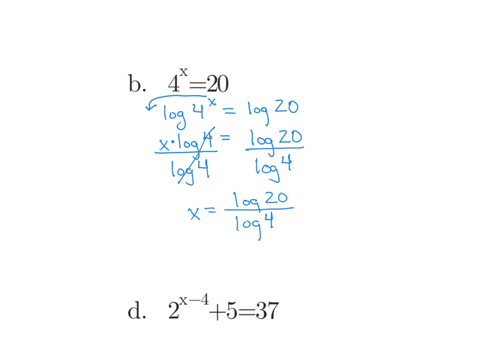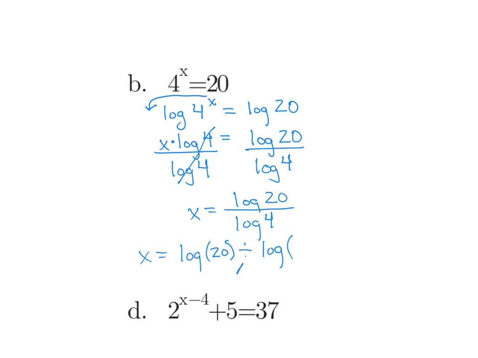So now when you put this in your calculator, which you will have to do, remember those buttons that I showed you? What you should have when you plug it in is log. It'll open up a parenthesis for you. You're going to type in 20. Make sure that you close the parentheses. Divided by, which will come out as a slash, log.